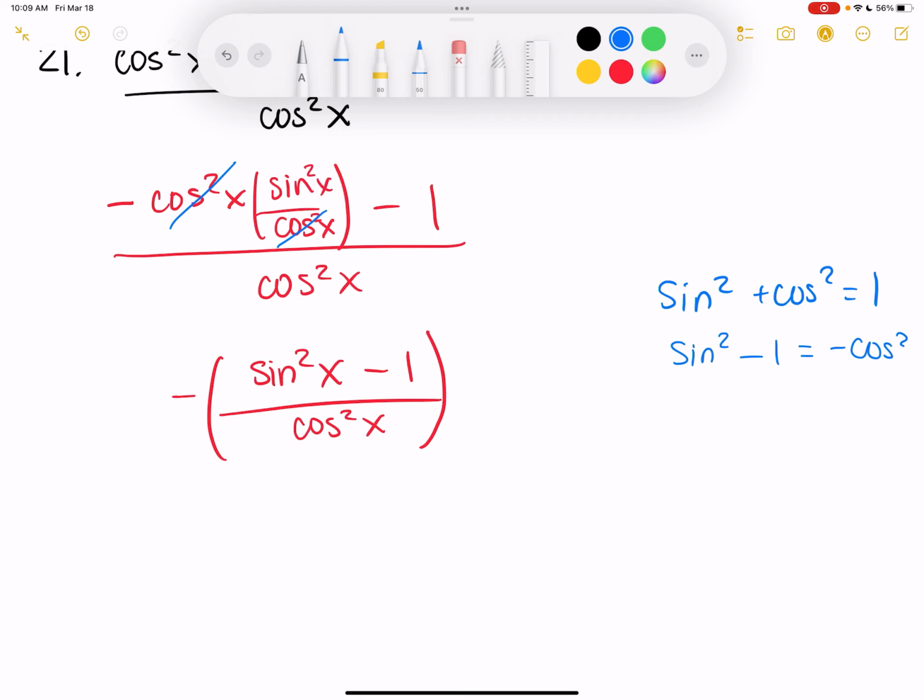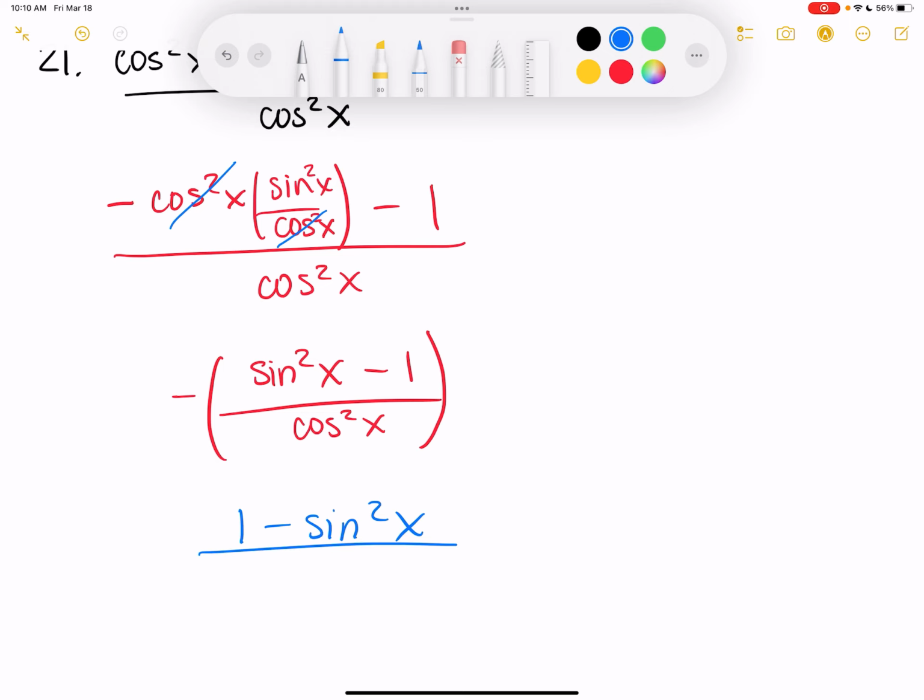Hold on. Yes, that's true, but there's an easier way to do this. By taking this negative out, I can flip this to be 1 minus sine squared of x, because the negative was taken out front.